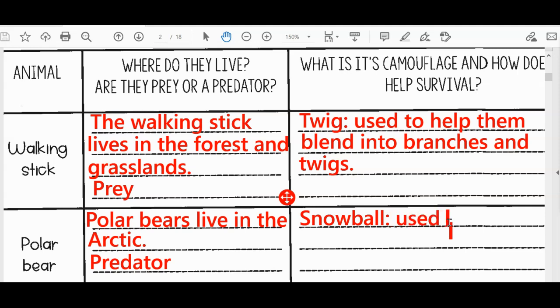And is used to help them blend into the Arctic snow and ice.